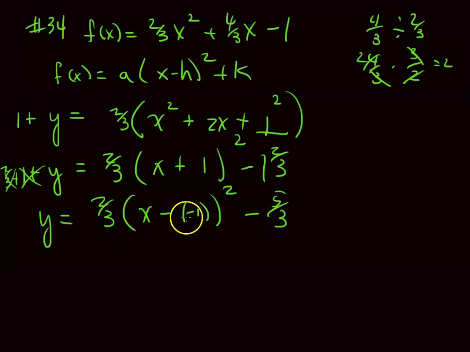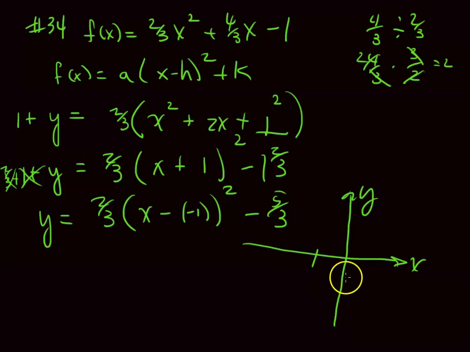So we move it, because you can think of this two ways. We're moving it left 1, we're moving it down 1 2/3. And then we're going to make it a little wider with this 2/3 here. So left 1, down 1 2/3.